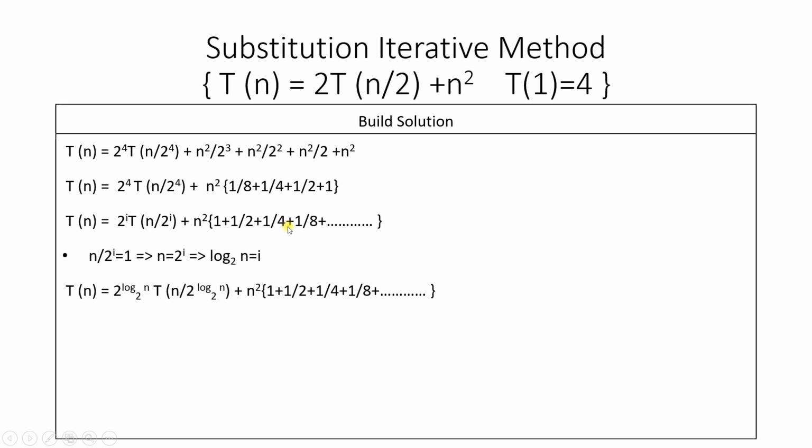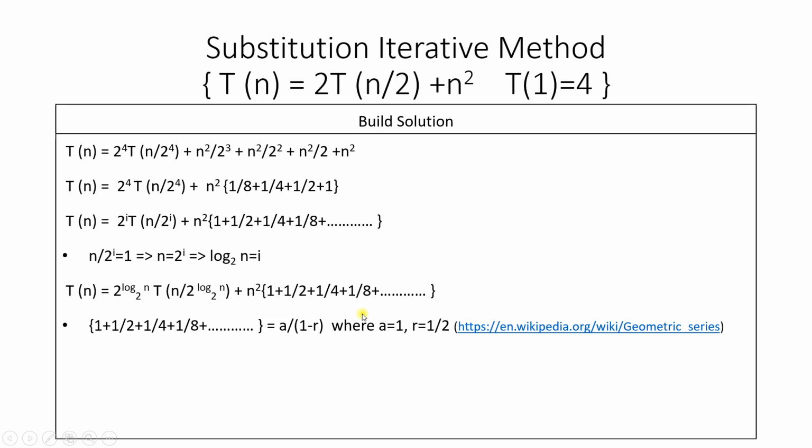Similarly, you can see over here, now what happens, the next part, does this make any mathematical series? Yes, it does. It forms a geometric series which can be represented and replace this whole series by a divided by 1 minus r, where a is 1 and r is 1 upon 2 in this particular case.